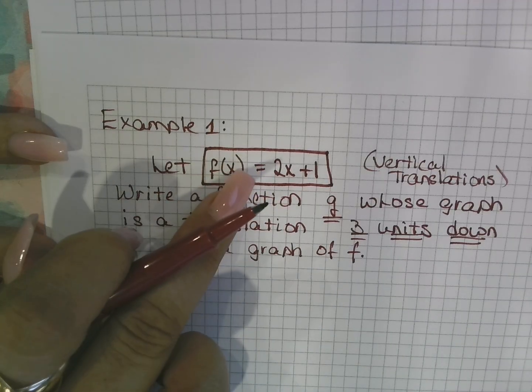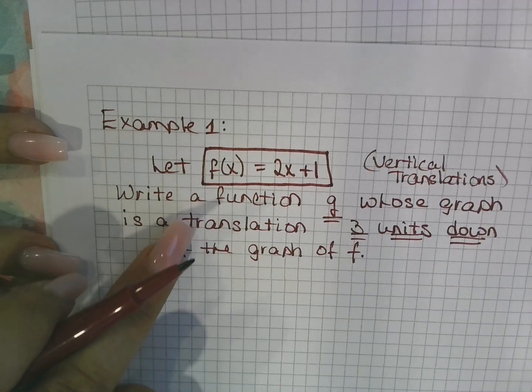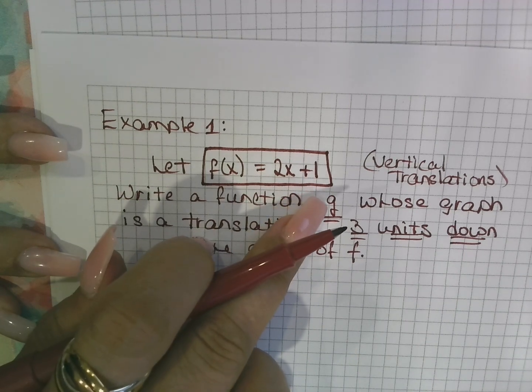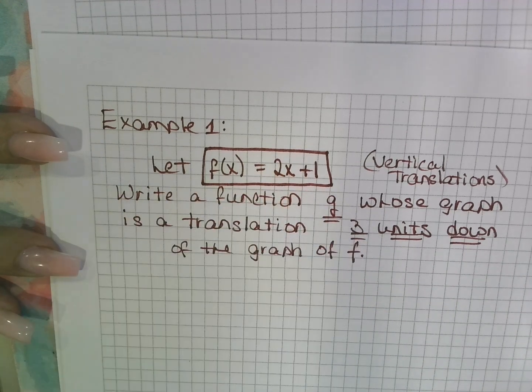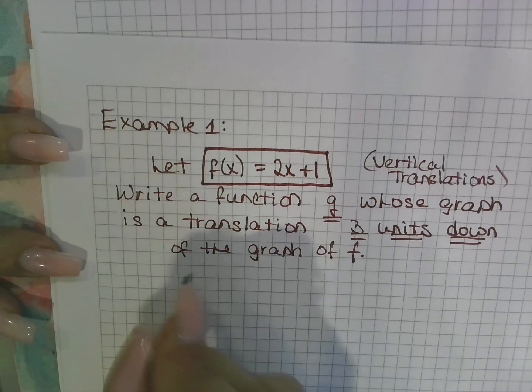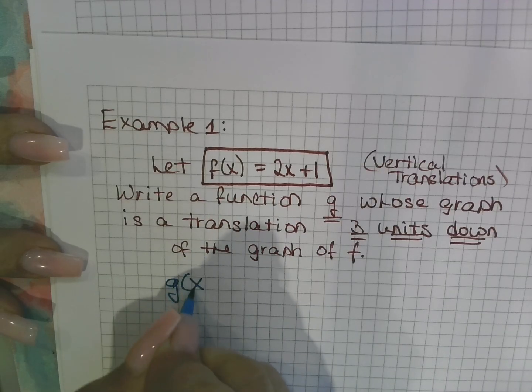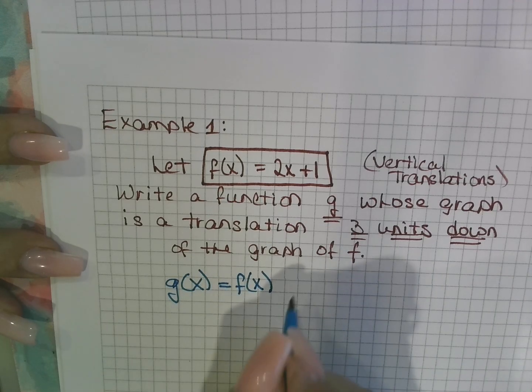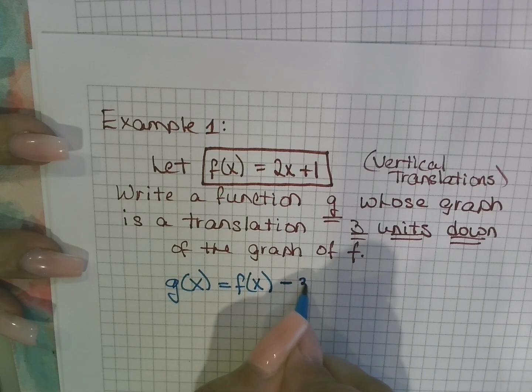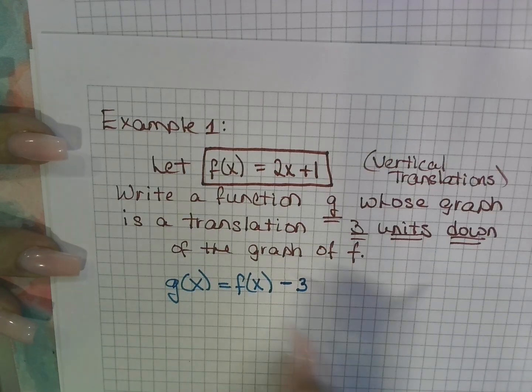And we want to take this function and write a function, call it g, that is this function moved 3 units down. All right? So that means that g of x is going to be whatever f of x is minus 3. All right?